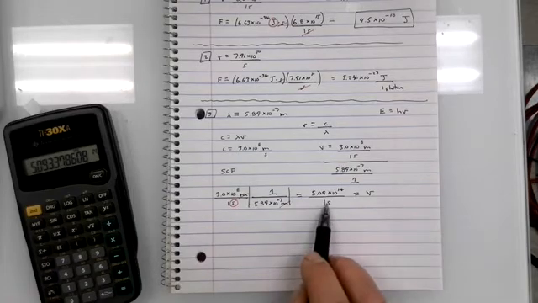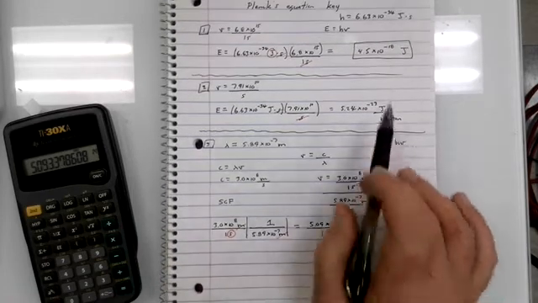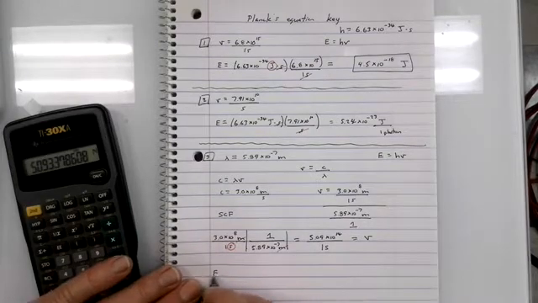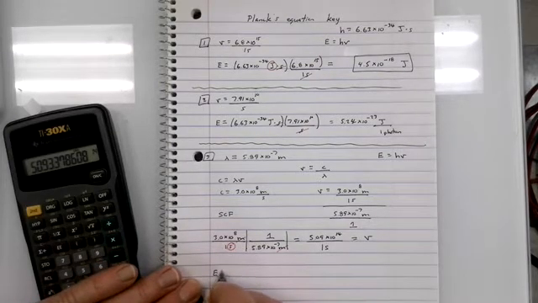So we now have the frequency and we have the h value from up above. So we can find the energy of this light in joules per photon.